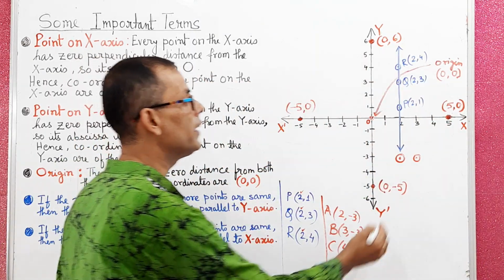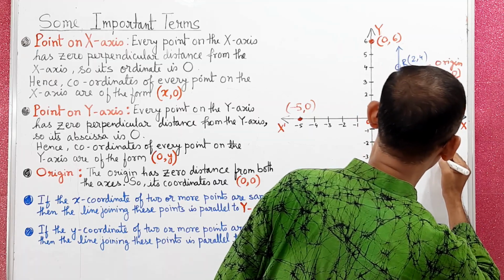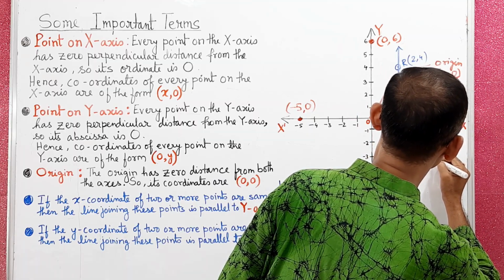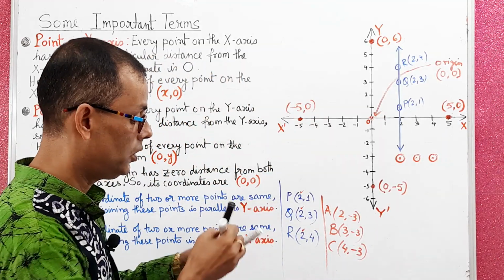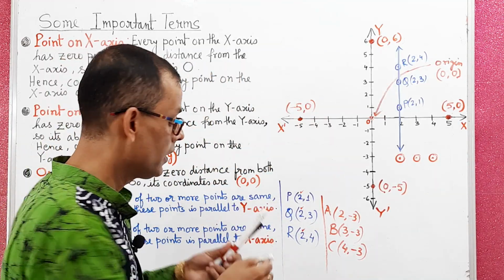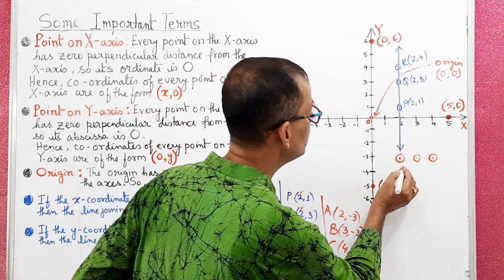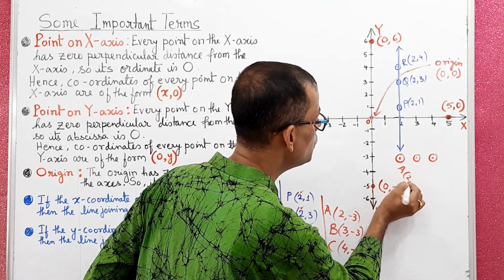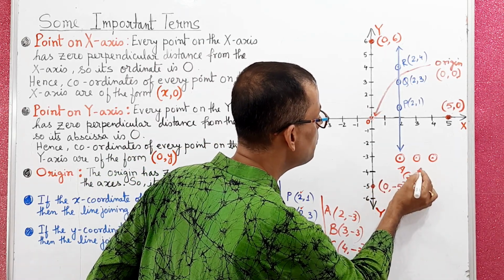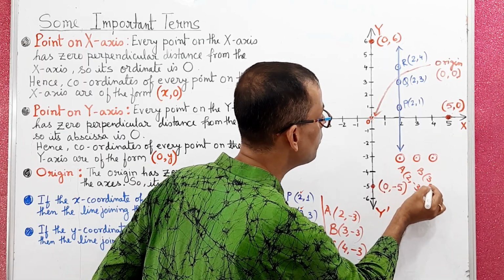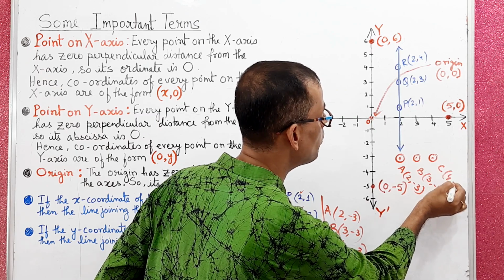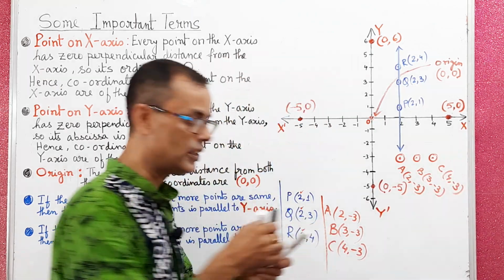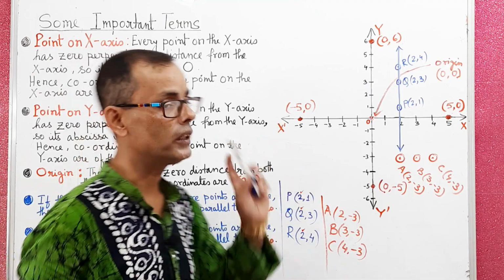And then 4, minus 3. So 4 and then minus 3. So these 3 points are plotted. Now let me write it. A 2, minus 3, B 3, minus 3, and C 4, minus 3. So all the 3 points I have plotted.